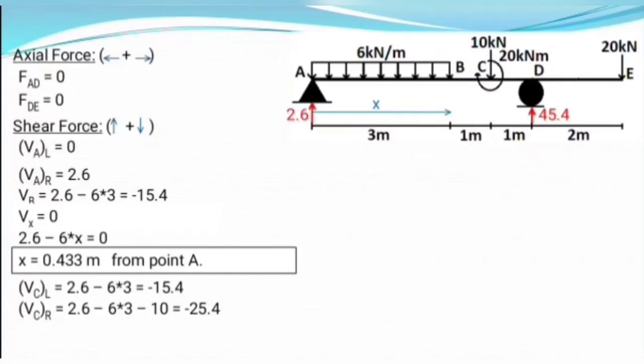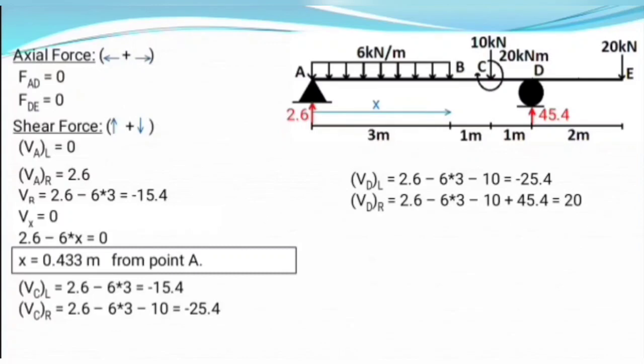Now the next point is shear force at just left of D. At just left of D, we again consider all the forces on the left of that point. On the left, we have vertical forces 2.6 upward, UDL force of 6 into 3 downward, and point force of 10 kN downward. So it equals minus 25.4.